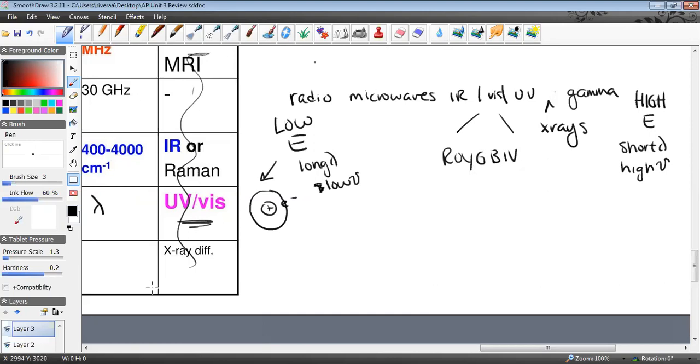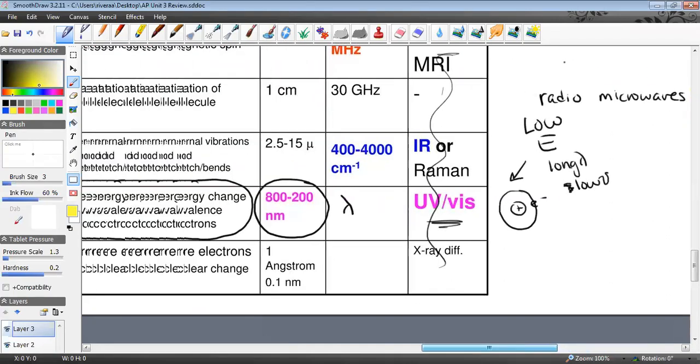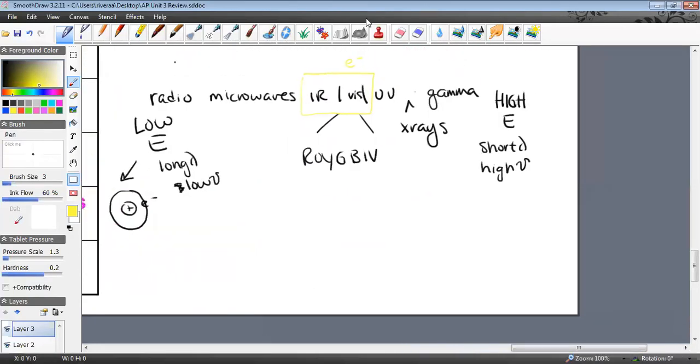So all this spectroscopy chart was saying is that if you're seeing things within this range of the spectrum, then you're probably seeing electrons changing energy levels. If you're seeing just IR, then you're probably seeing changes in vibrational energies of the molecules. And if you're seeing microwave emissions, then you're probably seeing rotational changes in the energy of the particles.